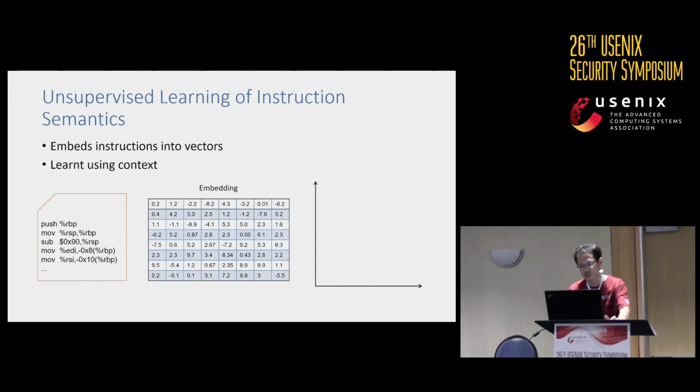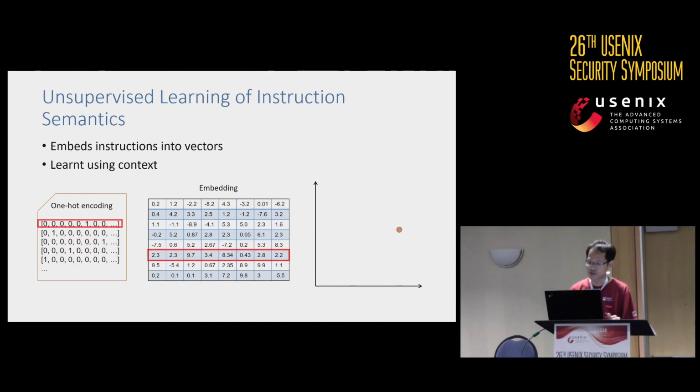Each of the instruction IDs can be represented as a sparse one-hot encoded vector, which can be multiplied with the embedding matrix to produce the resultant vector. The embedding matrix is learned using a neural network tasked with predicting the contextual instructions for any given instruction that is being embedded.